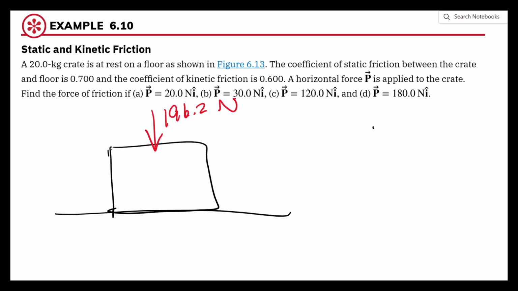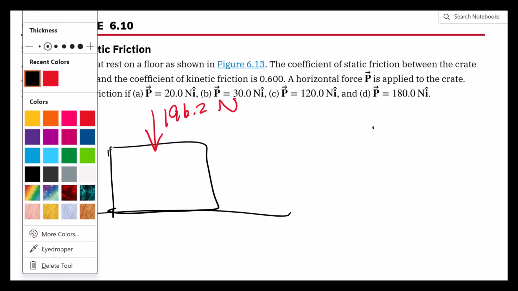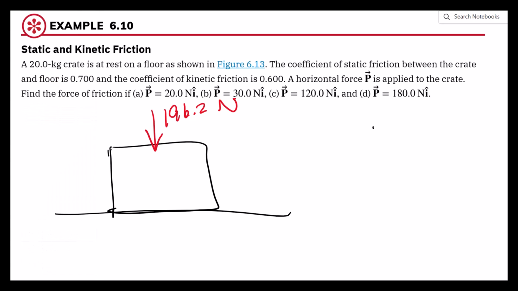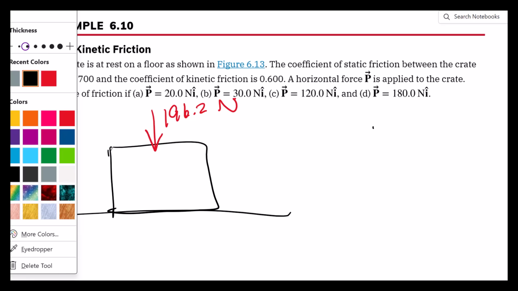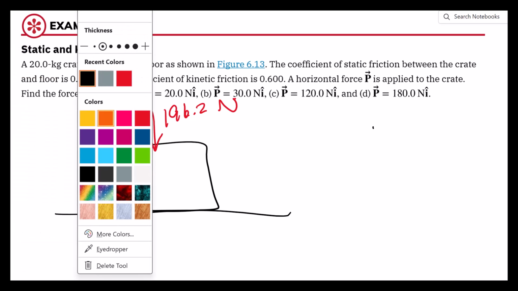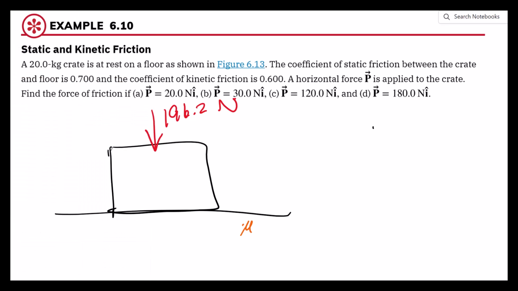Sweet. The coefficient of static friction between the floor and the crate is 0.7, and the coefficient of kinetic friction is 0.6.